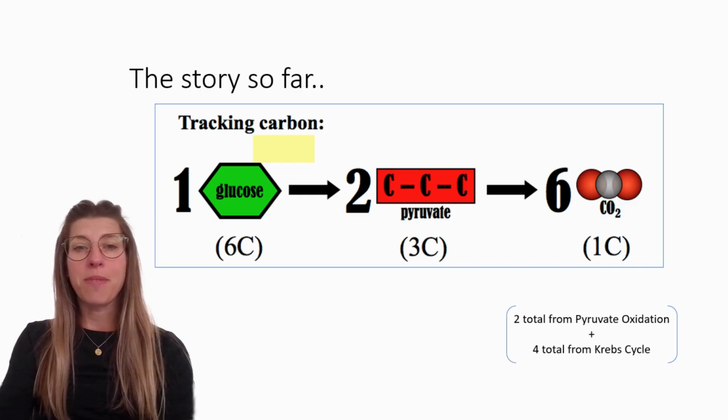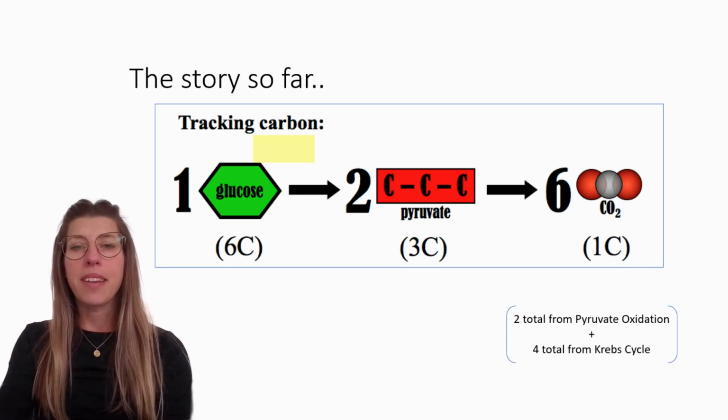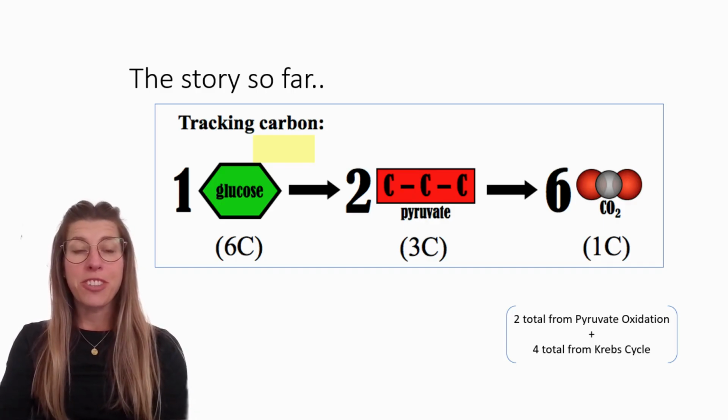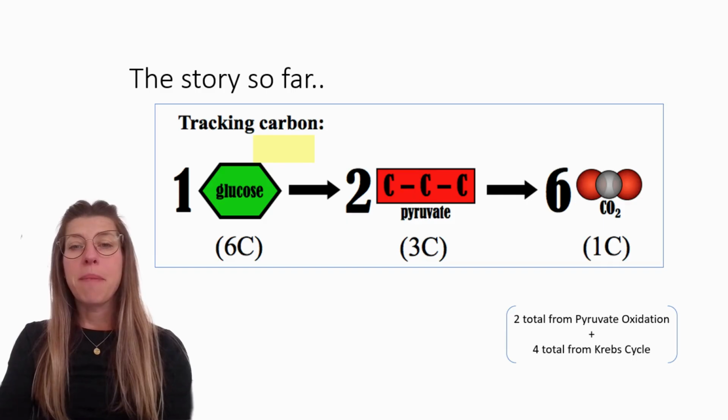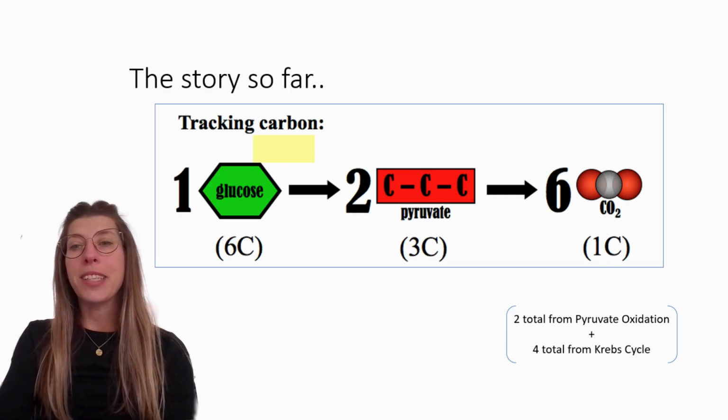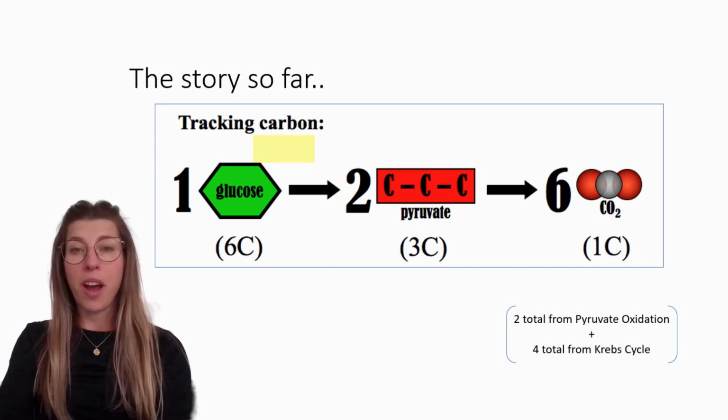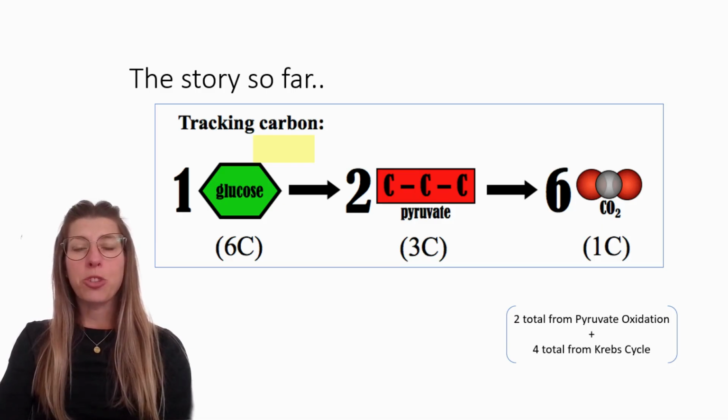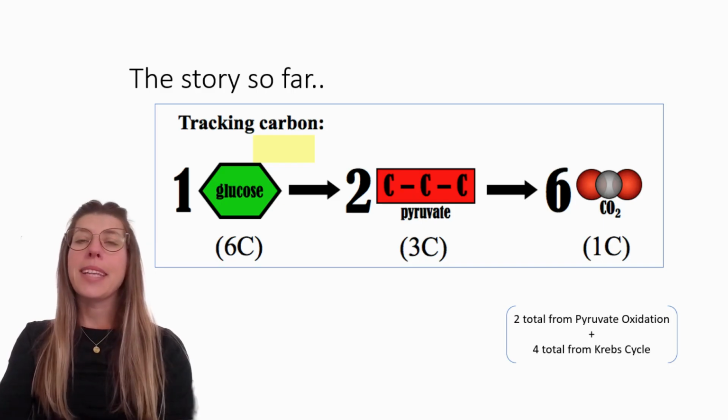And then from those 2 pyruvates, it's producing 6 CO2s, and CO2 has 1 carbon each. Okay, multiplied by 6, that gives you 6 total, which is still the same amount that there was in the very beginning of cellular respiration in that 1 glucose molecule that has 6 carbon. So yes, that 6 comes from the 4 from the Krebs cycle, as well as 2 total from the pyruvate oxidation. So that's the lumped sum as a total.